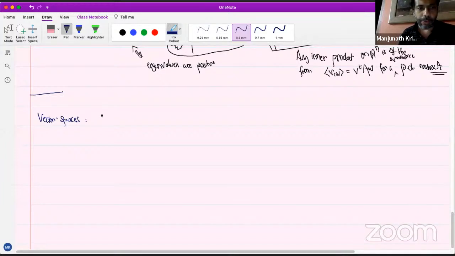But what about vector spaces? What are the things we study? Every vector space has the notion of a basis, which is a very important thing. A basis is a subset of vectors that is linearly independent and spanning.